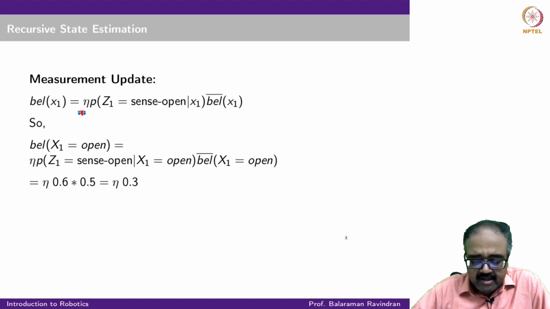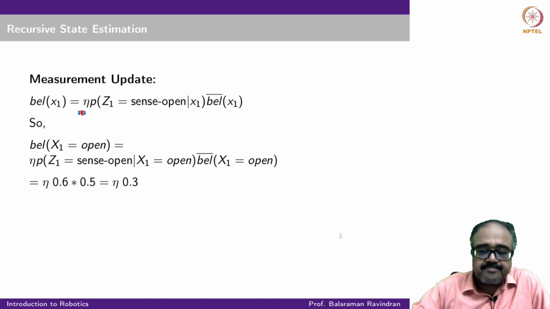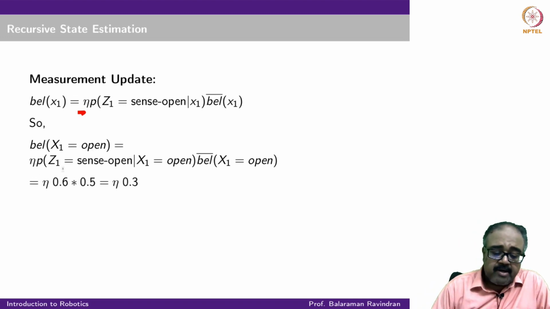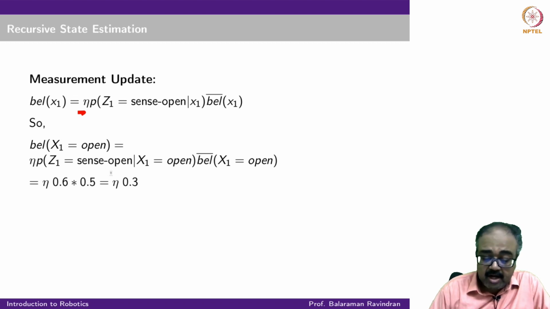So let's start off with looking at bel of x1 equal to open, right? So remember, x1 can take two values. I have to look at x1 equal to open. So that is equal to the probability of me sensing that it is open, given that x1 was open, times my bel bar that x1 was open.